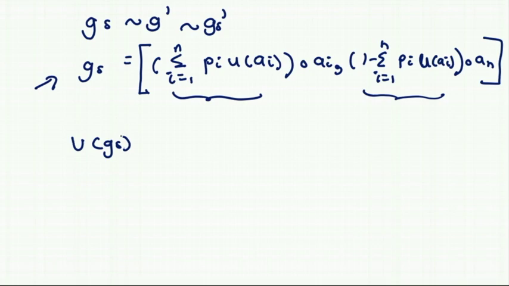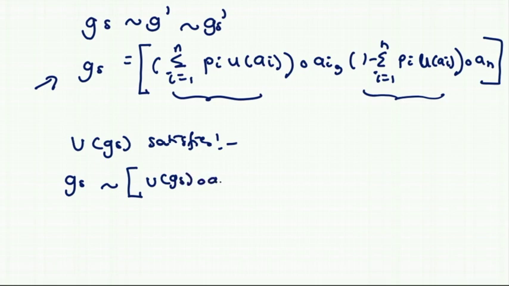It satisfies this: G_S is an equivalent relation of, look here, u(G_S) composite of a_1, and then here 1 minus u(G_S) composite of a_n. Close bracket. Alright.